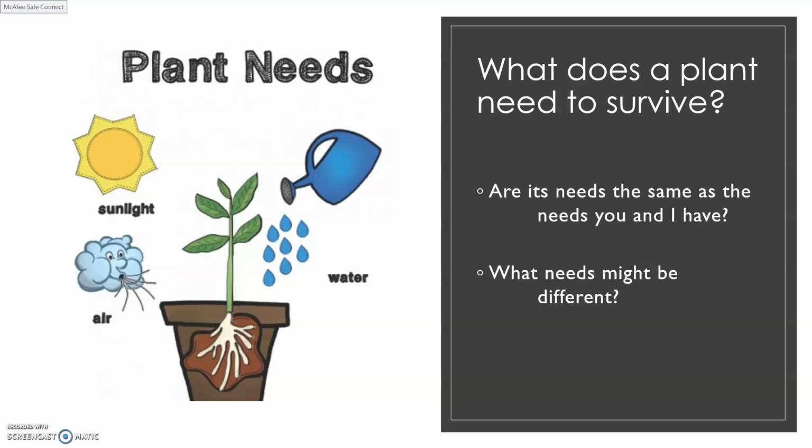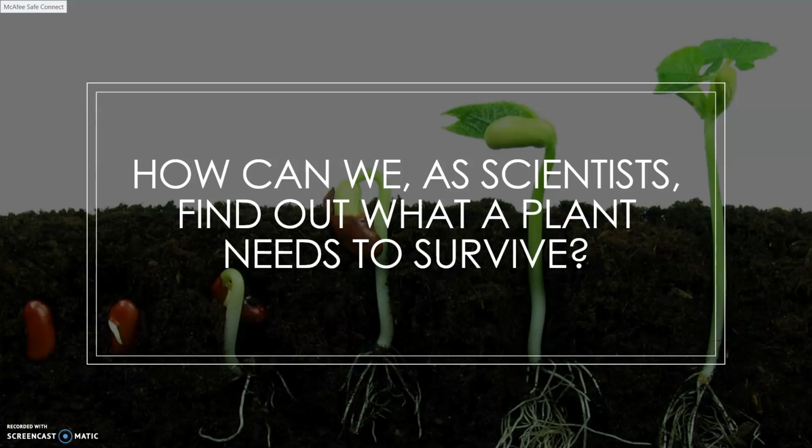One thing that we need in common is air to survive and also water. What about sunlight? Do you think that we both need sunlight to survive? I think so. So how can we, as scientists, find out what a plant needs to survive? Anybody have any ideas?